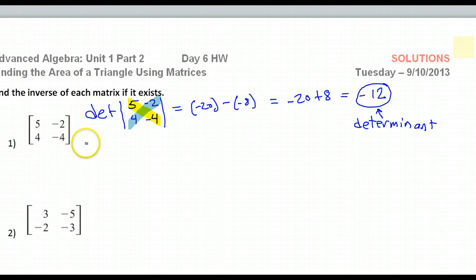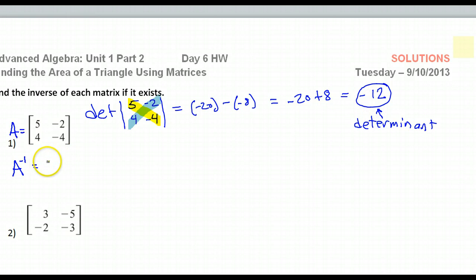All right, so now if we want to go on and find the inverse, let's say this matrix was matrix A. If I want to find the inverse of matrix A, which I will call A inverse with a little negative 1 on it, what I need to do is take the reciprocal of the determinant.